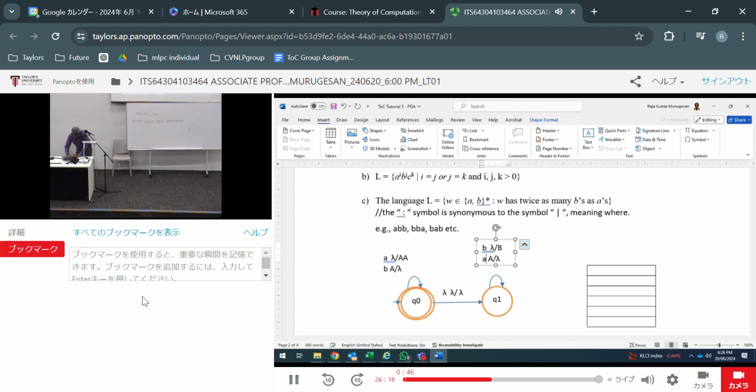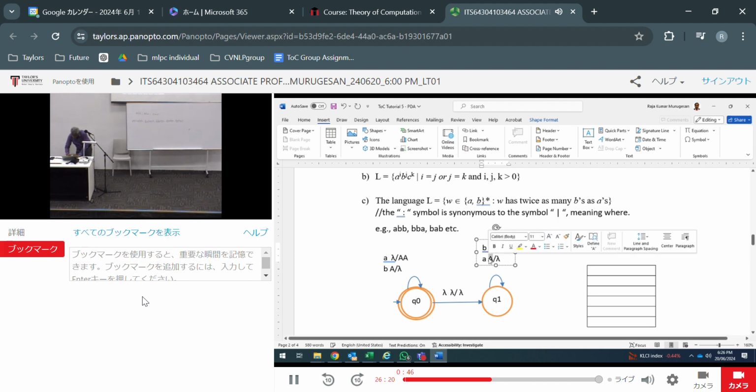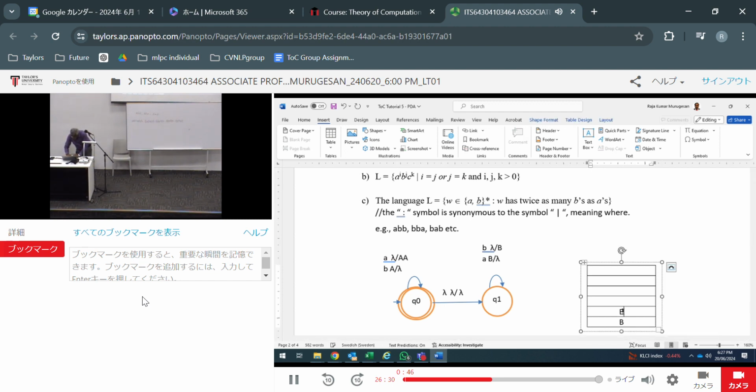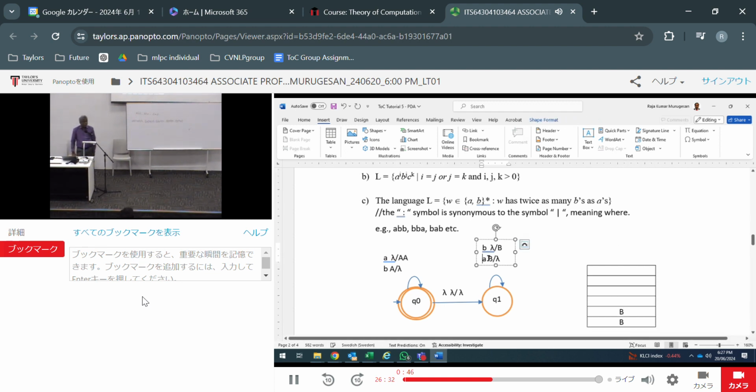Again B means push B onto the stack. So A means we should pop 2 B's, so I put 2 B here. A means pop 2 B's, so both B's will be popped off.